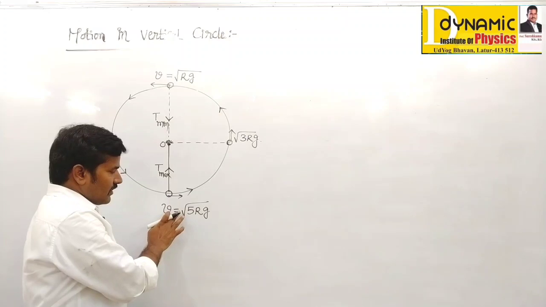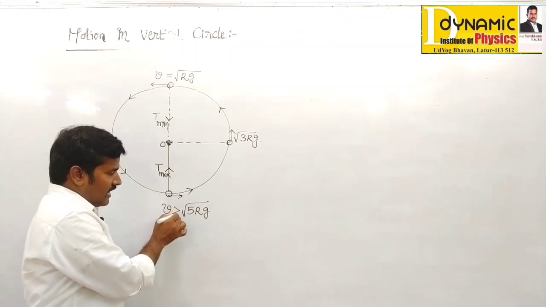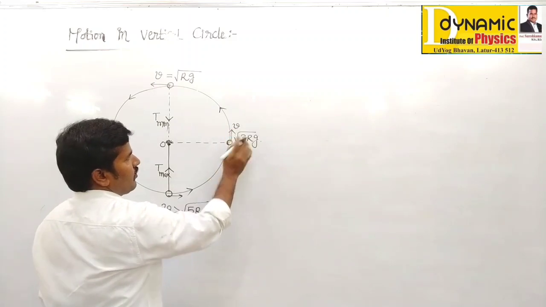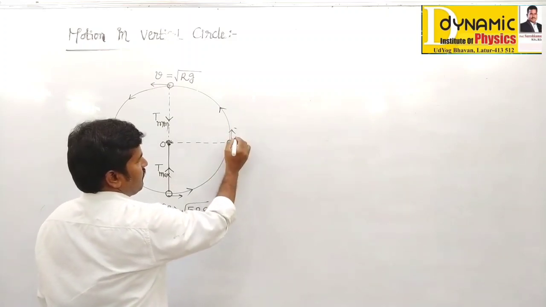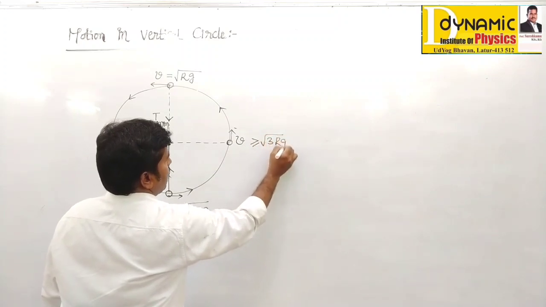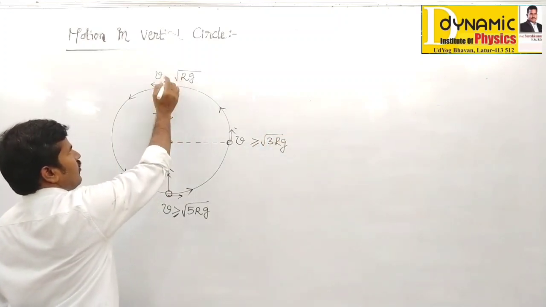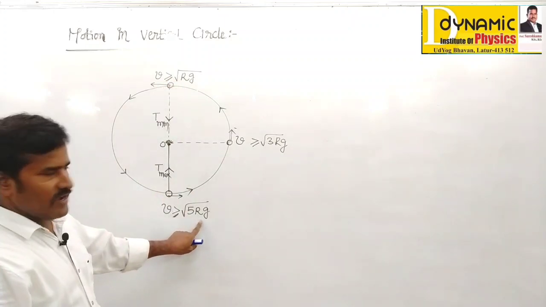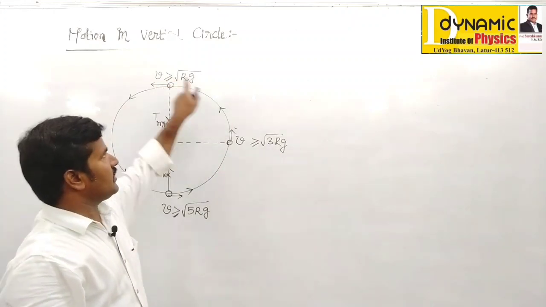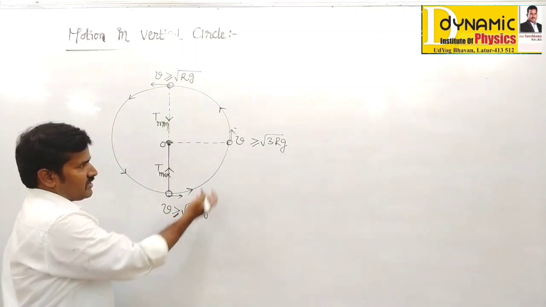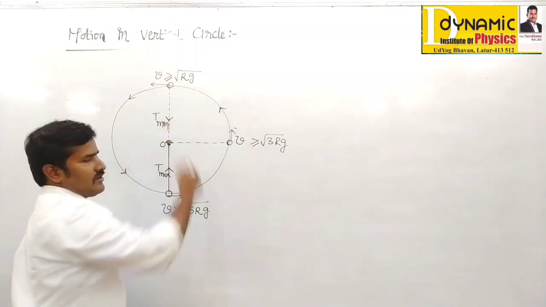If the velocity is more than root 5 rg here, more than root 3 rg here, and more than root rg here, then the minimum velocity conditions are root 5 rg, root 3 rg, and root rg.